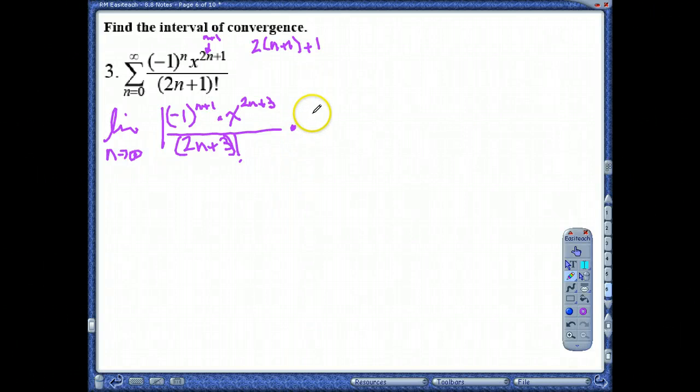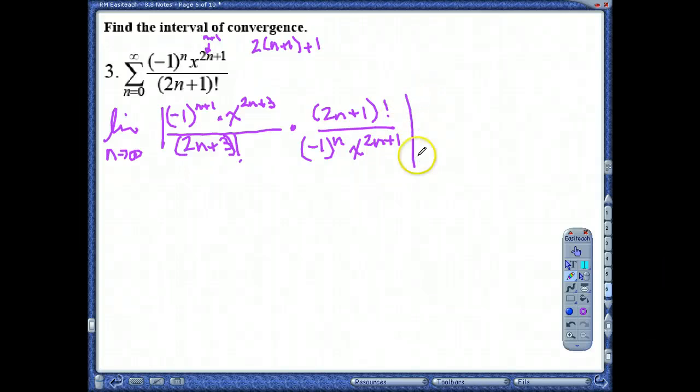I'm going to multiply by the reciprocal of the nth term. So we need to be careful about when it's the n plus 1 term. If you've got a coefficient in front of your n, make sure you take n plus 1 times that whole coefficient, so you're distributing. All right. Let's see what we get.